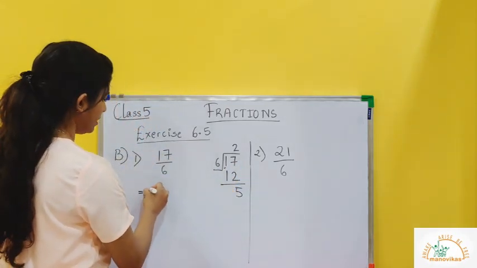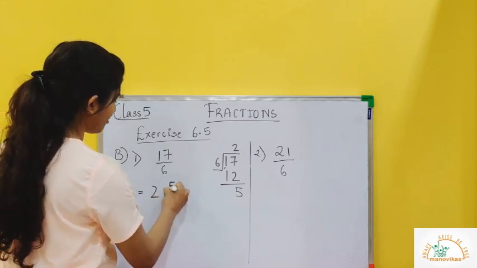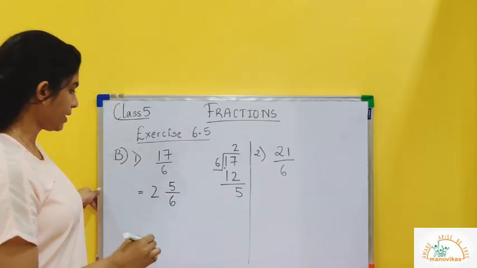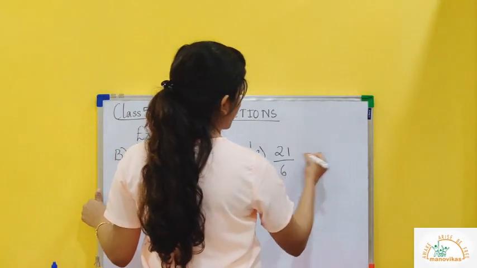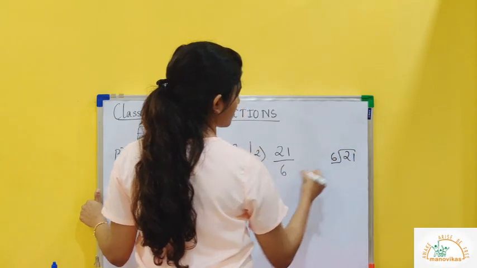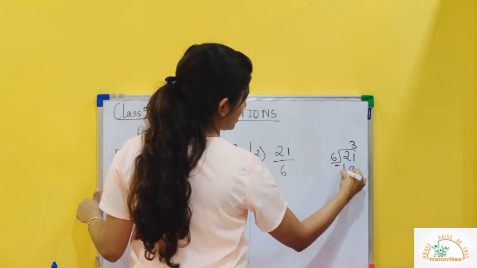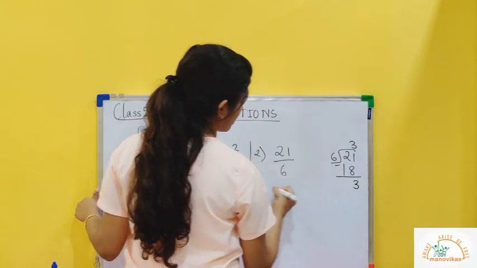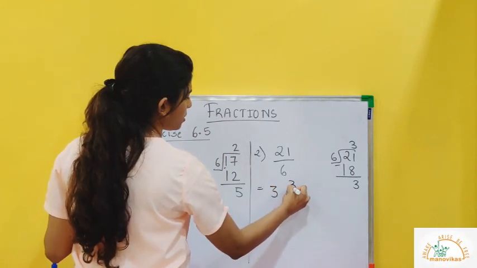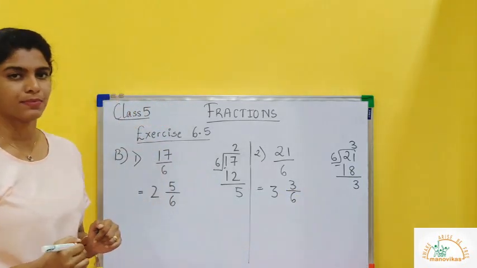So how will you write it? 2 whole 5 upon 6. Alright, let's do the second one. 21 divided by 6. 6 3s are 18. 3 is the remainder. How do you write it? 3 whole 3 upon 6 is the answer.